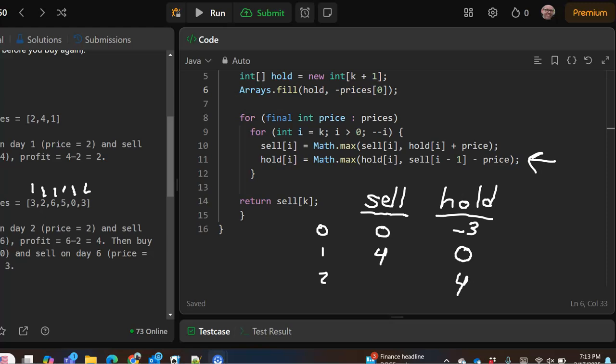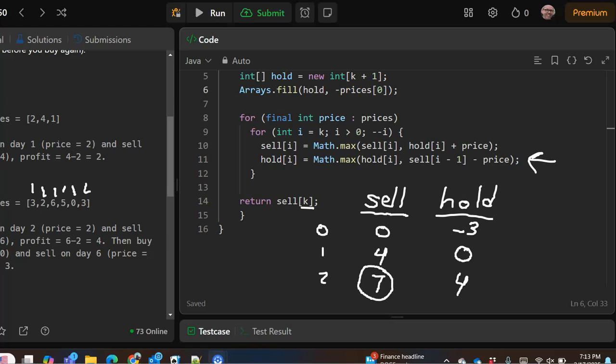And we now have 7. This is actually going to be the answer here. You can see sell at K, which is 2. So we don't really have to go through and fill out the rest of it, but that is the final answer.